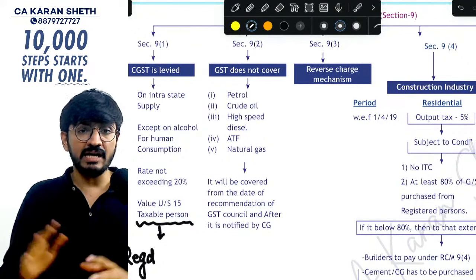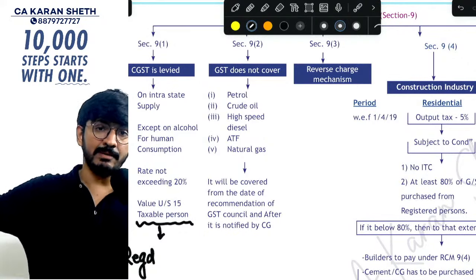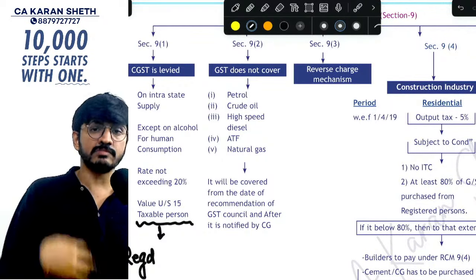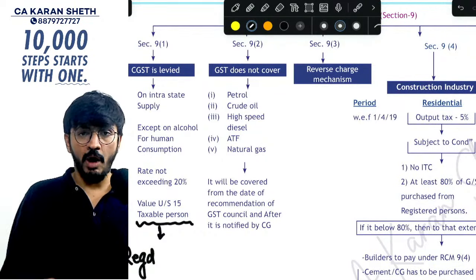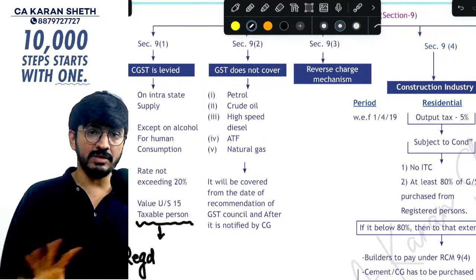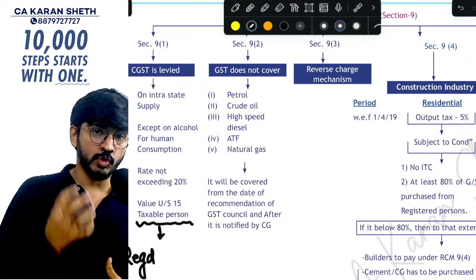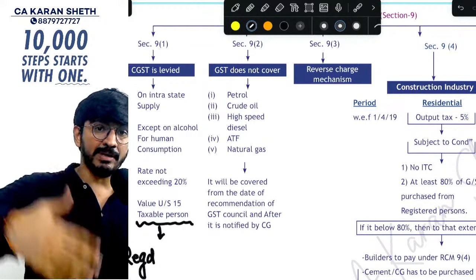9(3) is RCM, reverse charge mechanism, where the recipient is the one who pays the tax. Why? The concept is very simple. Generally, this is how it functions. For example, if I am coaching 10,000 students, the supplier is one and the recipients are many.